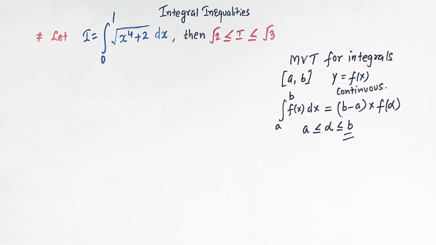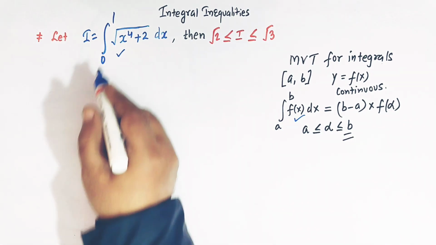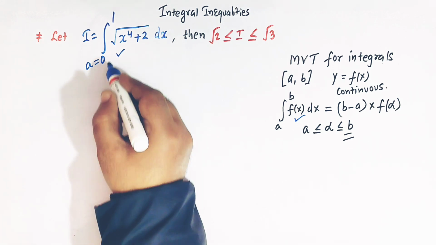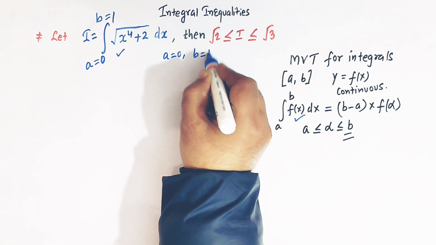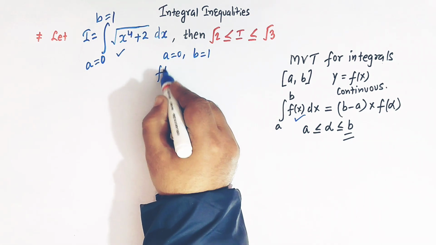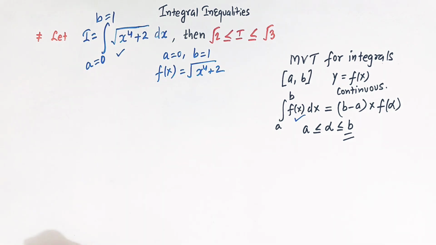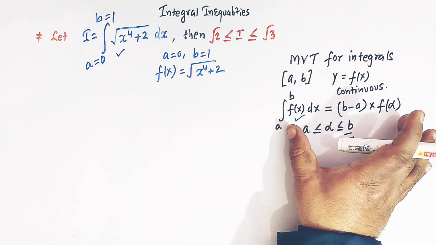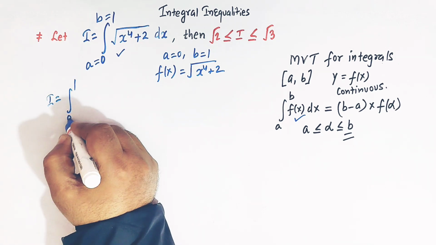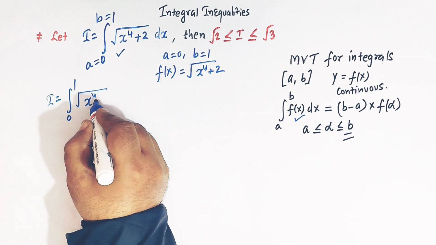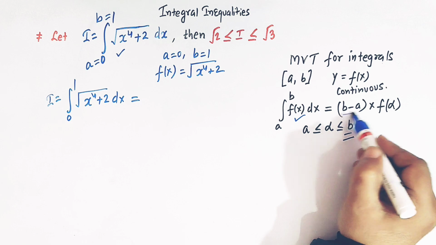This is a very useful result for solving these kinds of problems. Now if we compare this integral with this one, we can see that a is 0, b is equal to 1, and f of x is given by square root of x raised to 4 plus 2. So using this result, we can write this integral I, that is 0 to 1 of square root of x raised to 4 plus 2 dx, equal to b minus a.